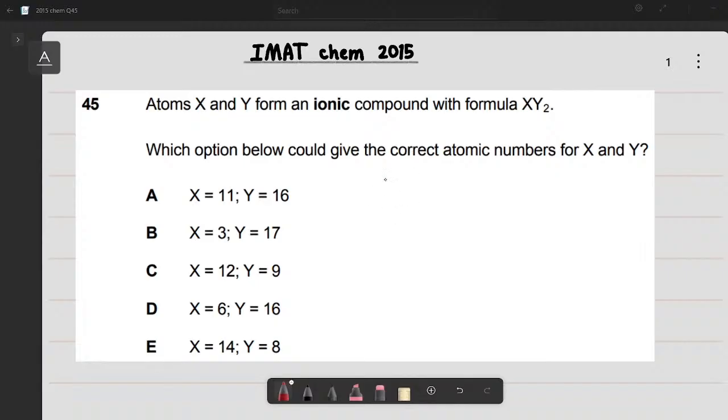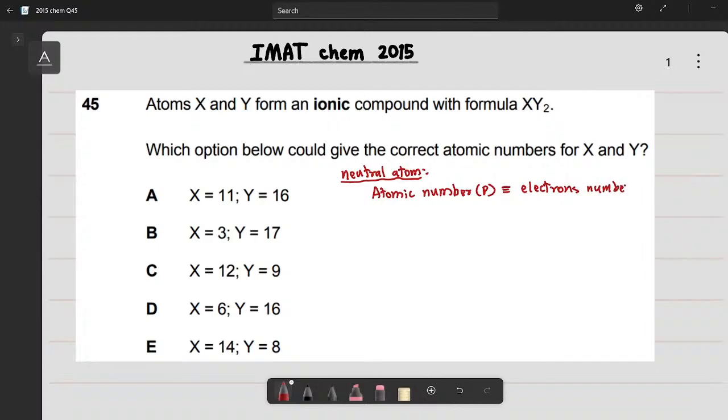First of all, we must know that the atomic number, also called the proton number, is the number of protons. In a neutral atom, the atomic number or proton number is equivalent to the number of electrons.